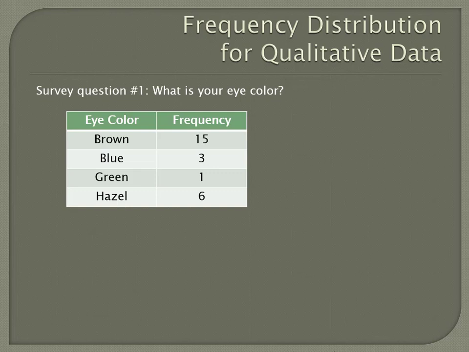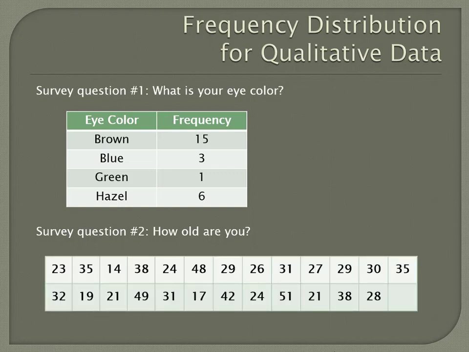Now, let's assume that we ask a different question. Let's say we ask on the same survey of the class, how old are you? Well, you'd certainly get different responses, but these responses would be quantitative. So you'd get possibly a list of values, depending on the class itself.